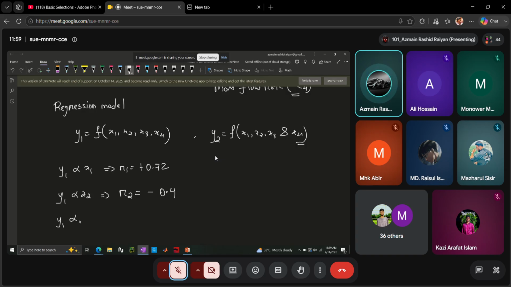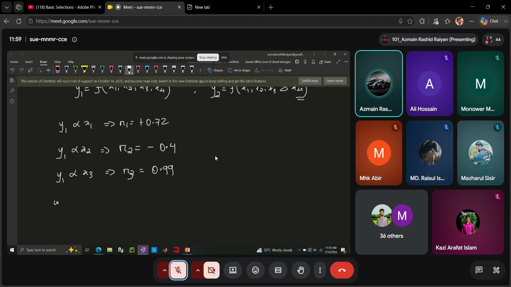When you are correlating y1 and x3, you might have got a correlation coefficient of, let's say, 0.99. Again, if you are correlating y1 with x4, you are getting a correlation coefficient of, let's say, minus 0.64.